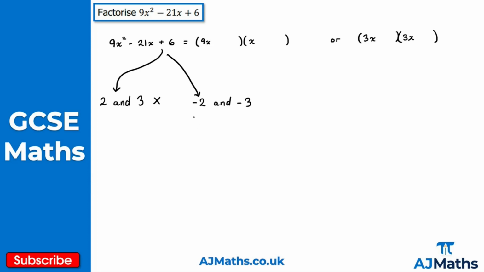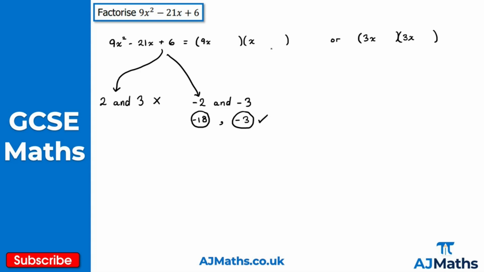So let's start with the minus 2 then. If I times that by 9, that will give me minus 18. Then we've got minus 3 here. We're timesing that by 1x. So just the 1 here, minus 3 times 1 just gives us the minus 3. So that doesn't change. So now if we add these two numbers here together, well, minus 18 plus minus 3, that gives us minus 21. Perfect, we've got the correct choice there.